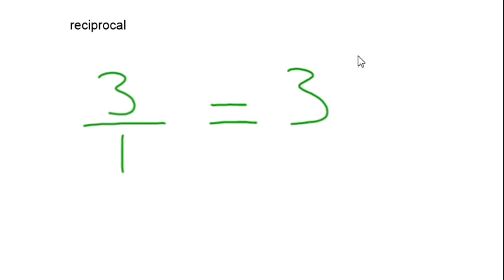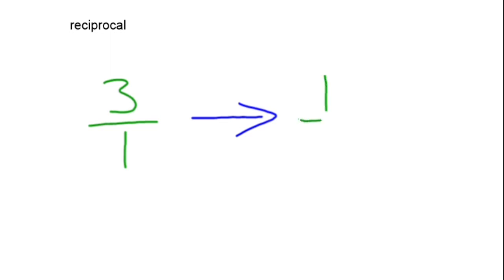Okay, so taking that a stage further, we can say 3 is exactly the same as 3 over 1. And the reciprocal of 3, let's draw that like that, the reciprocal of 3 is 1/3, 1 over 3.